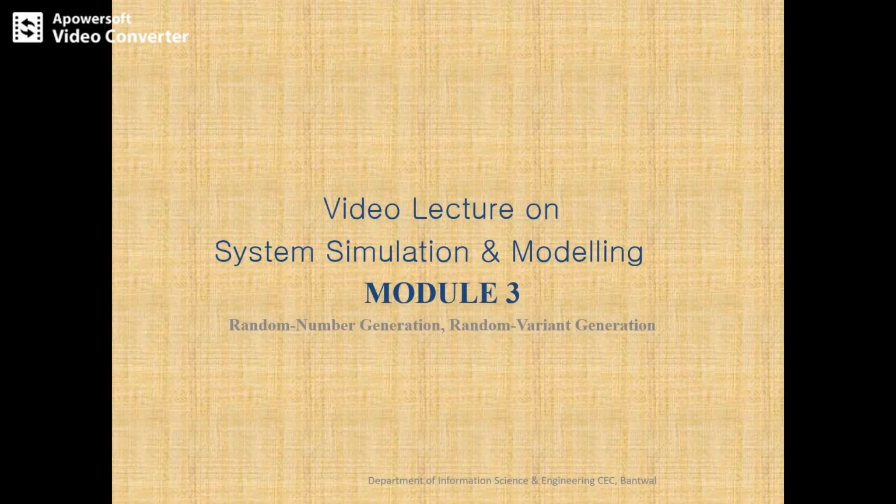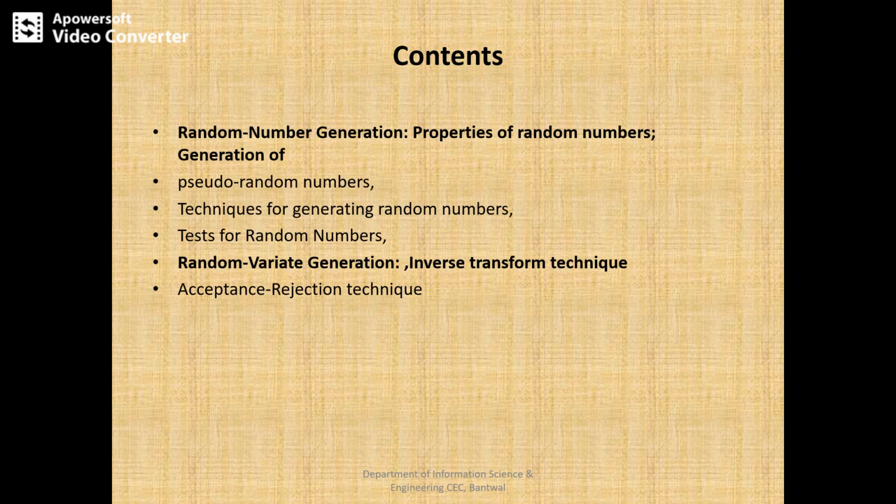Hi everyone, welcome to video lectures on System Simulation and Modeling, Module 3, Random Number Generation and Random Variate Generation. In this module, we are going to discuss random number generation: properties of random numbers, generation of pseudo random numbers, techniques for generating random numbers, and tests for random numbers.